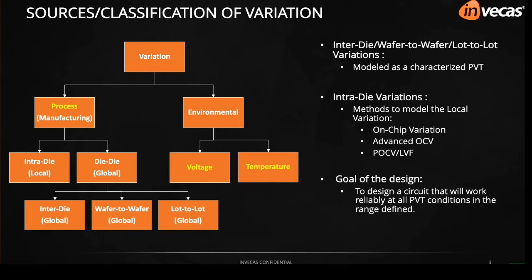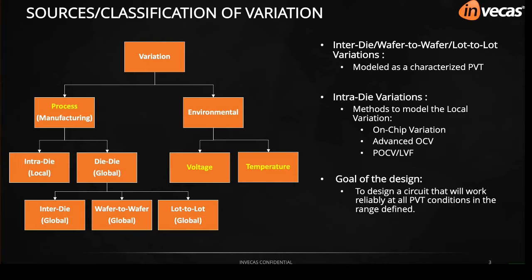The variations are mainly classified into two categories. One is the process variations and another one is the environmental variations. The process variations are mainly caused because of the manufacturing process itself, where the P&R engineer does not have any control. The process variations are further divided into local variations and global variations.